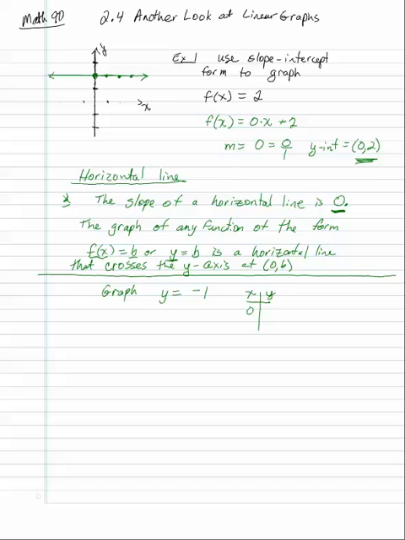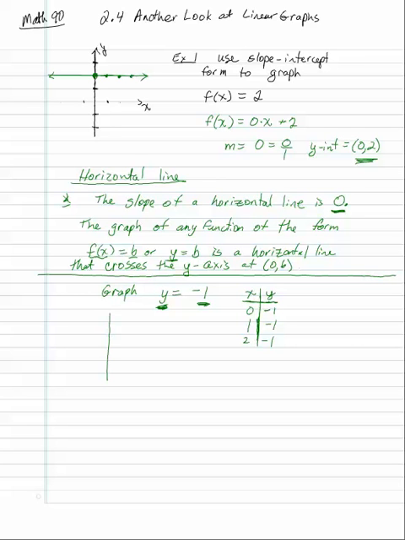Well, there's no x, but y has to be equal to negative 1. So you could think of the equation as restrictions on what x and y have to be. Since there's no x in the equation, x could be whatever you want it to be. There's no restriction on x, but y has to be equal to negative 1. So x could be 1, but y has to be negative 1. x could be 2, y has to be negative 1.